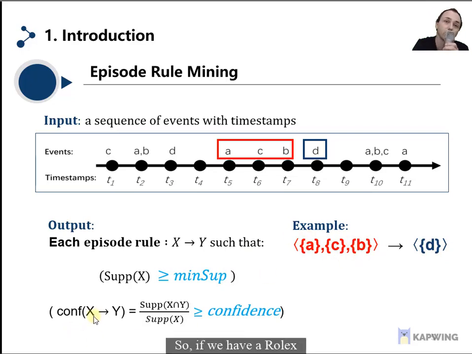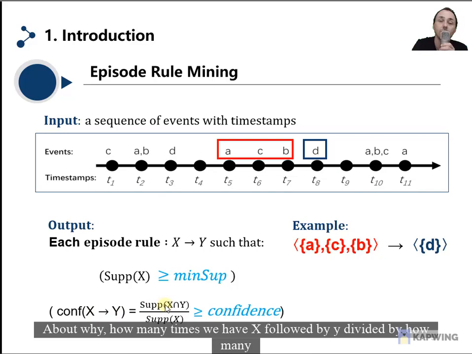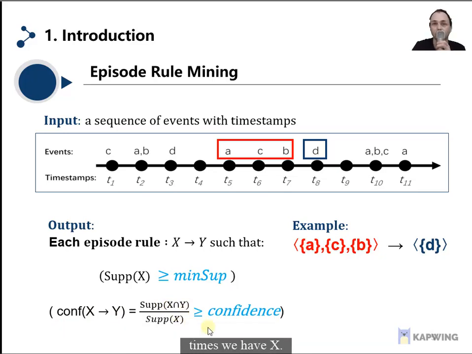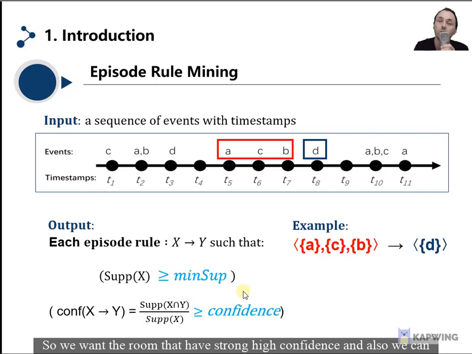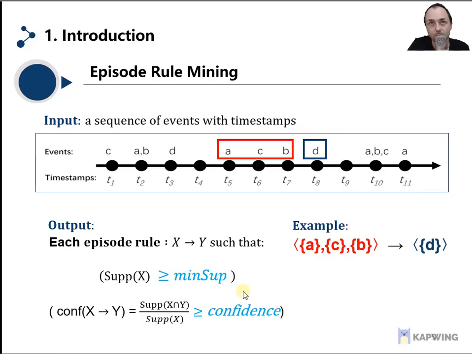So if we have a rule X followed by Y, it is how many times we have X followed by Y divided by how many times we have X. We want a rule that has high confidence. We can also set other constraints like a window size and many other things.